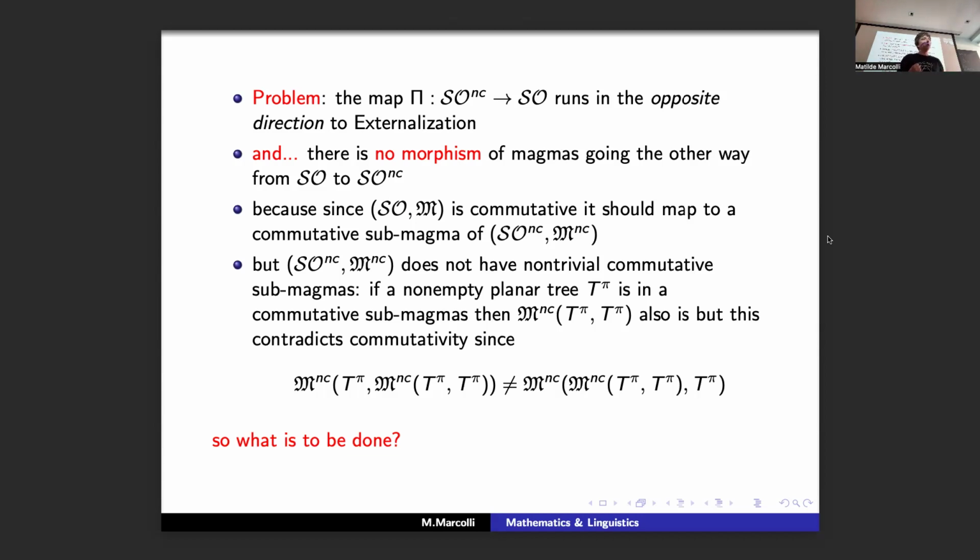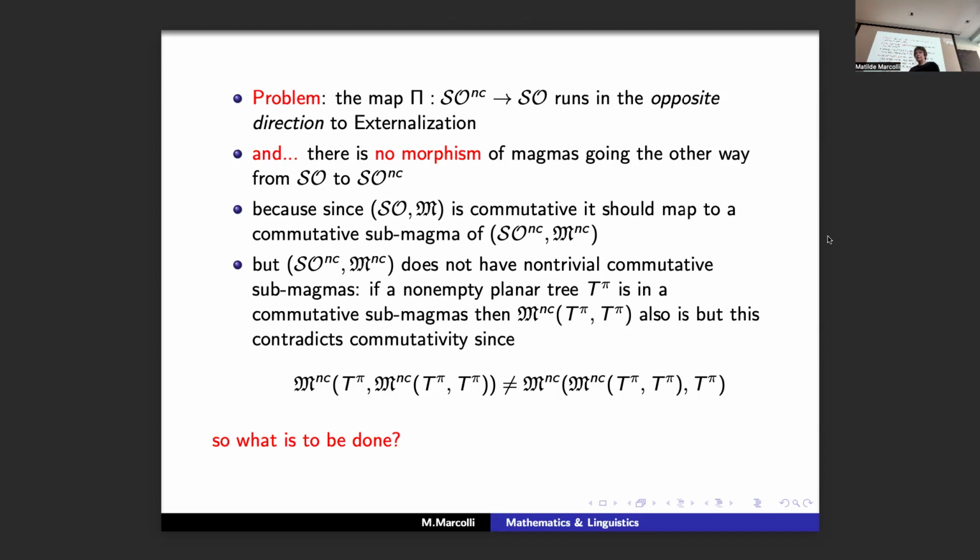the problem is that if you try to go the opposite direction, there is no map that is as nice as this one. There's no morphism of magmas that would go the opposite direction, because if you are mapping from a commutative magma to a non-commutative one, you would have to go inside a sub-magma that is itself commutative. Otherwise, there's no good way of doing this mapping.